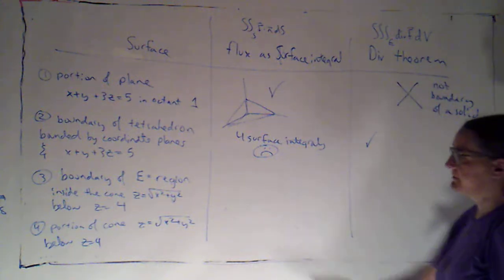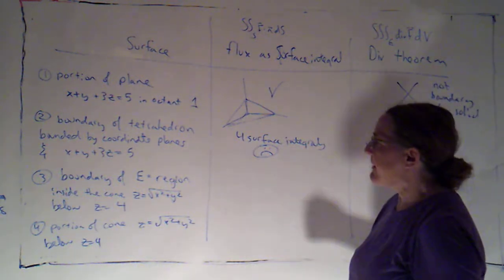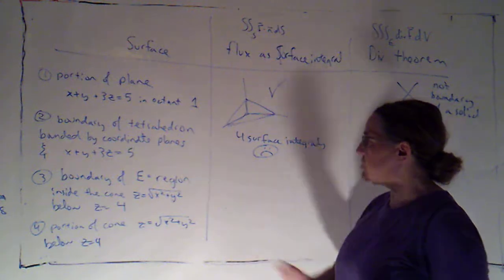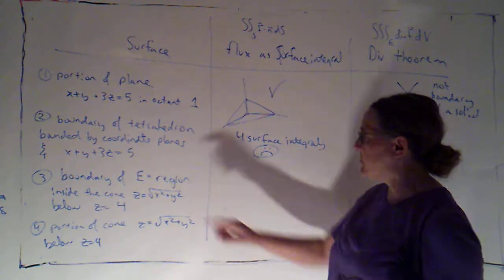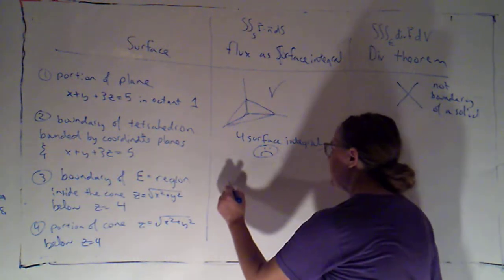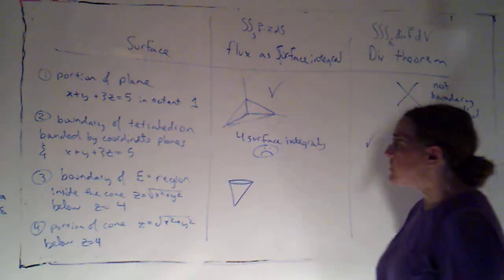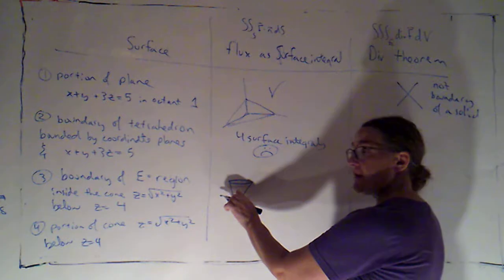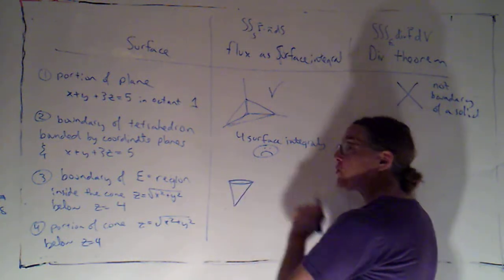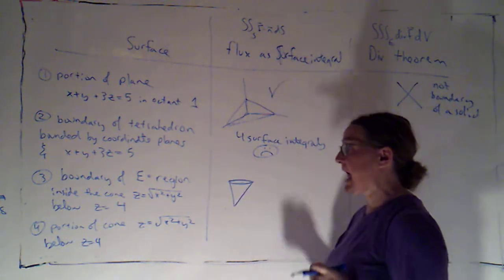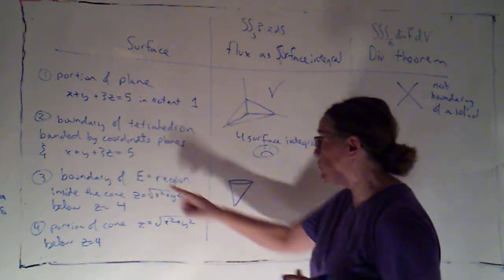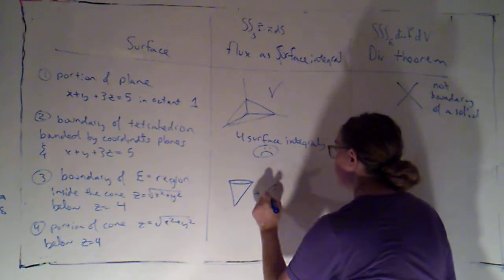My third example: the boundary of E, which is the region inside the cone z = √(x² + y²) and below z = 4. My surface would be the cone together with a disk that's capping it off, because I said it was the boundary of this region.